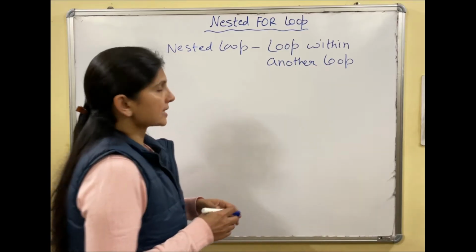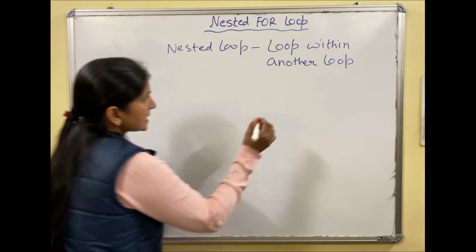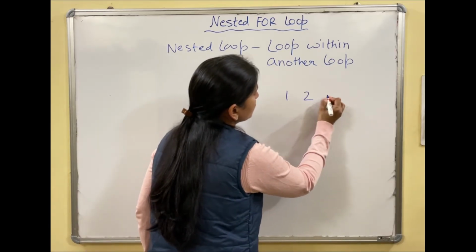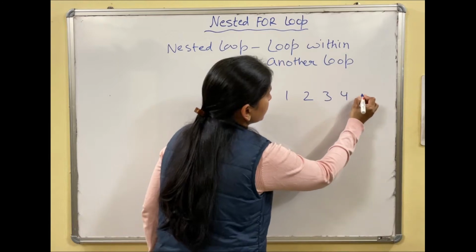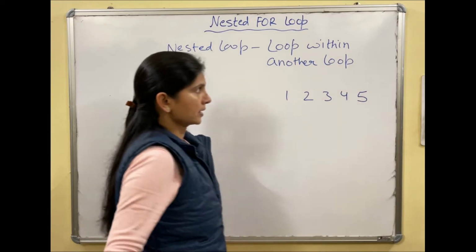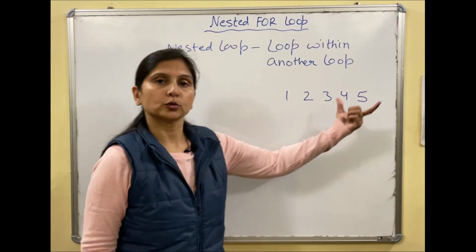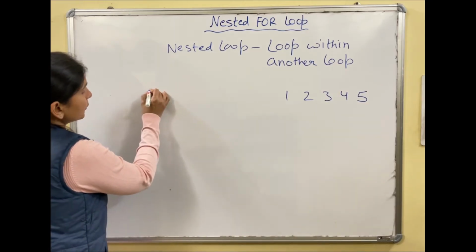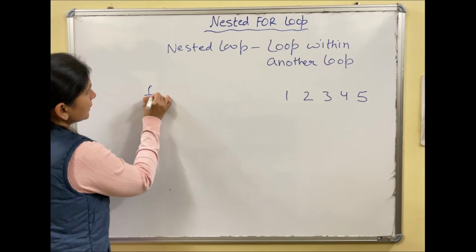Right. So let's start. Say I want to print 1, 2, 3, 4, 5, and I want to use a loop for this. So how will I use the loop?